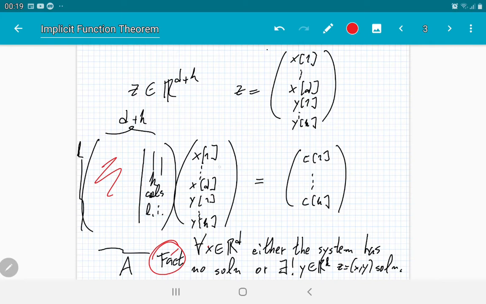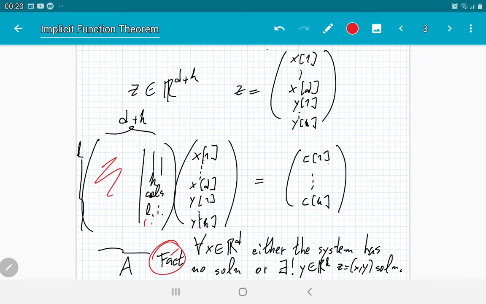It just comes from the fact that if I fix x1 up to xd, then this transformation from y1 to yk to c1 to ck is a linear transformation from R^k to R^k. If the columns are independent, then this linear transformation is invertible, and I can invert it. So, no big deal. This invertibility business is actually quite important because, as we're going to see now, there is a nonlinear generalization.